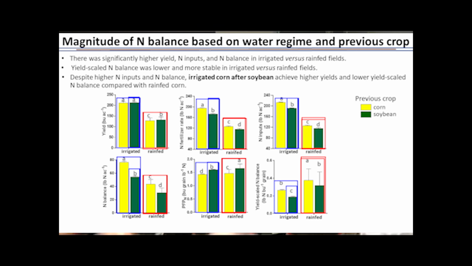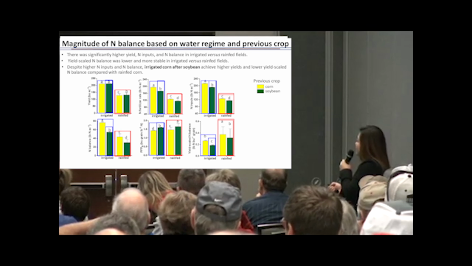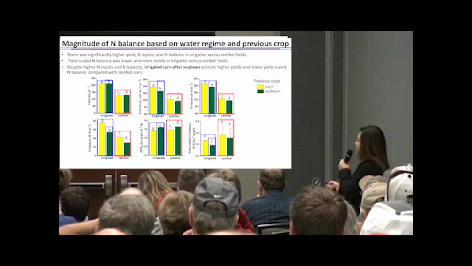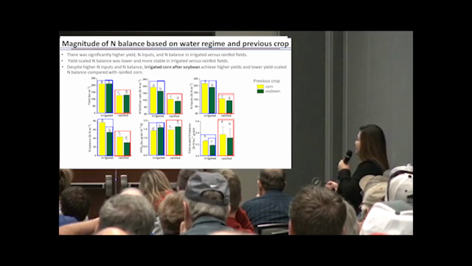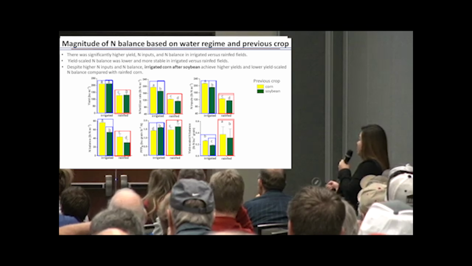And another thing that I'm showing here is the effect of the water regime and the previous crop on yield. I'm showing here the yield, nitrogen fertilizer, and nitrogen inputs, and the three metrics that I discussed earlier: the nitrogen balance, the partial factor productivity for nitrogen, and the yield-scaled nitrogen balance. I'm showing the result for irrigated, shown by these left two bars, versus the rain-fed, shown by these right two bars.